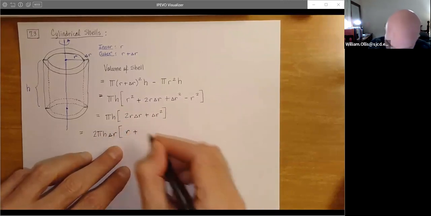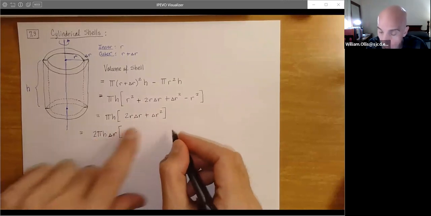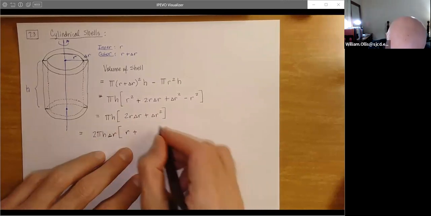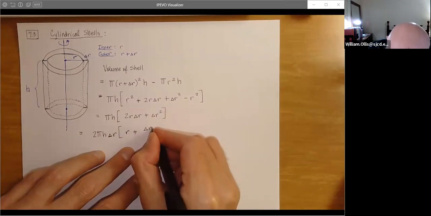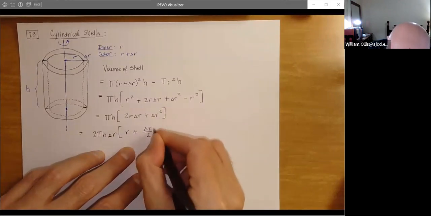And then, of course, here with the factorization of the 2, we have to pay for that. So we have a delta R over 2.